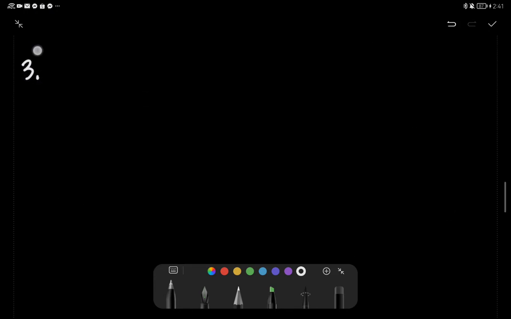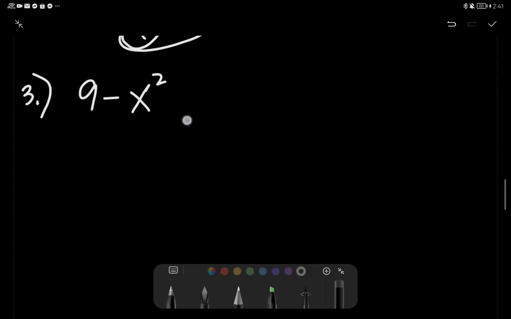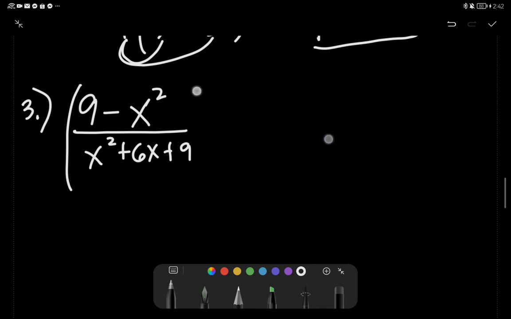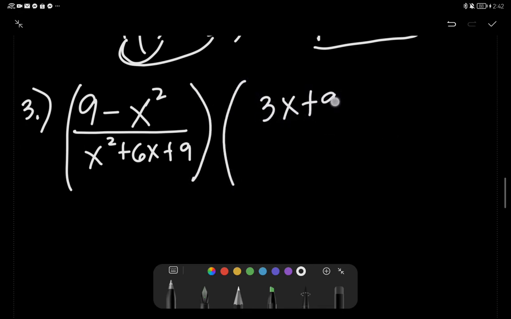Okay, now let's have example number 3. We have 9 minus x squared over x squared plus 6x plus 9 times 3x plus 9 over 3x minus 9.